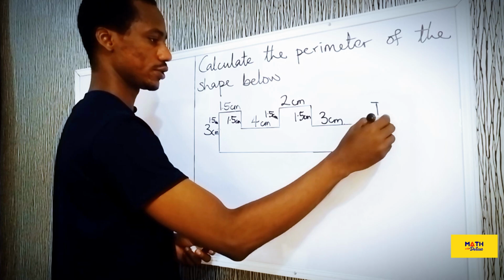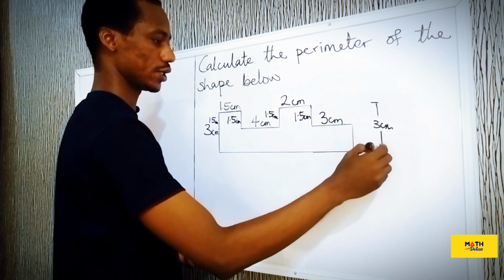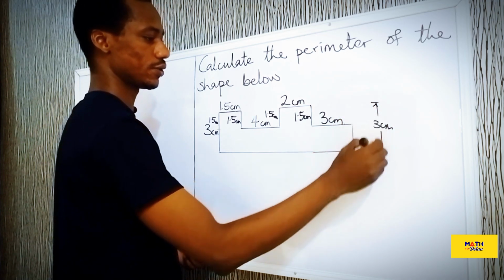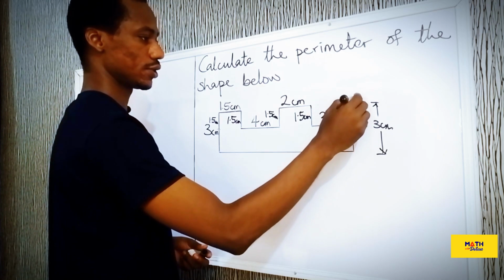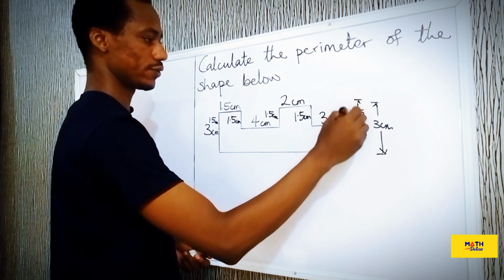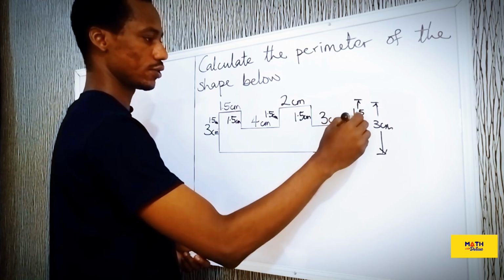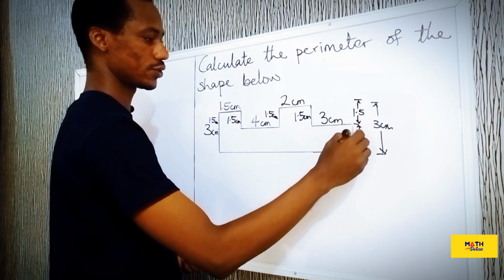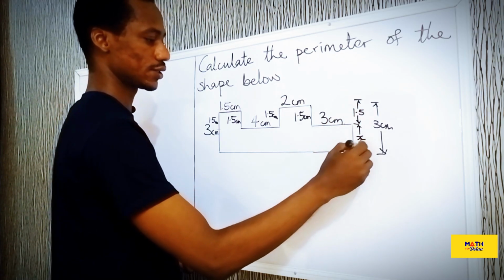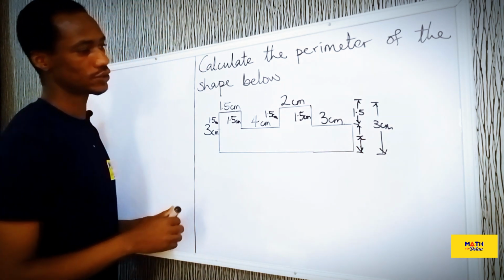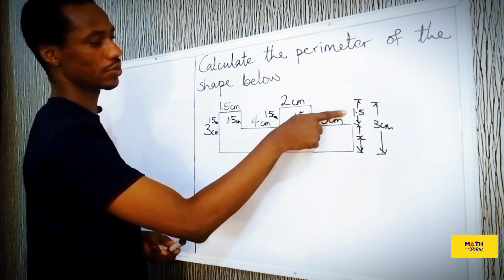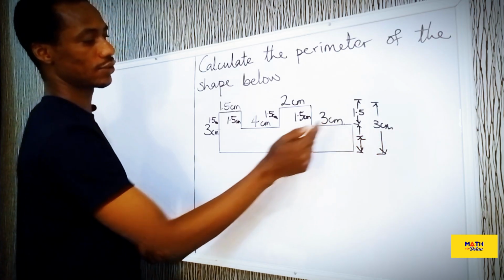From this point to this point is 3 centimeters. Then we know that from this point to this point is 1.5. So now, let's call this x. For us to know this, we have to subtract 1.5 from 3, and that will give us x.